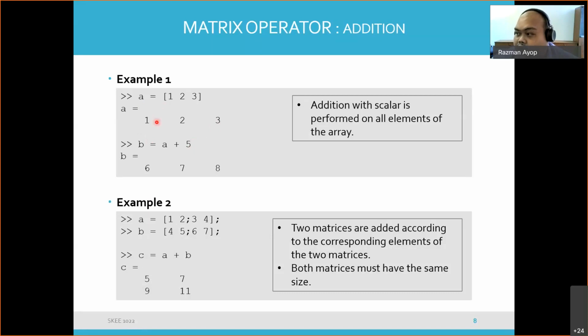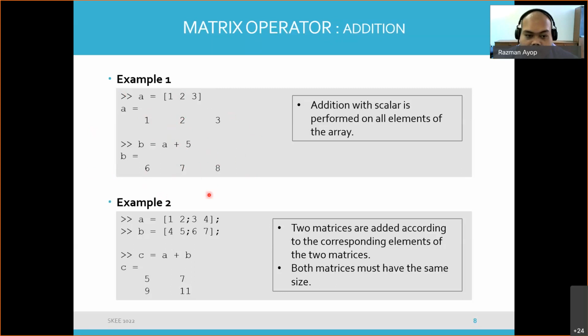You can add directly, and when you add 5, automatically all of the components inside the matrix are added by 5. So 1 plus 5 is 6, 2 plus 5 is 7, 3 plus 5 is 8.